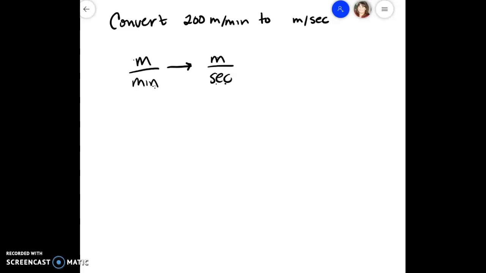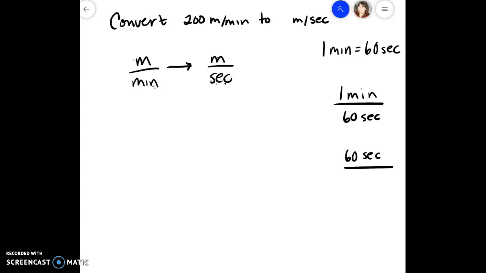Yes. In 1 minute, there are 60 seconds. So I need to write that out two different ways. I can either write it like this, or like this. I always like to write them off to the side, and then I can see them and choose the right one for my problem.